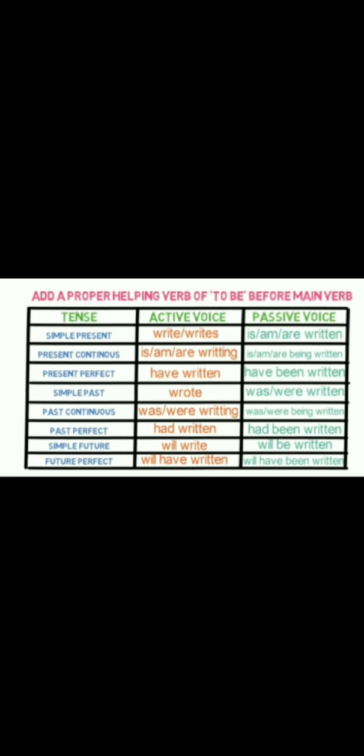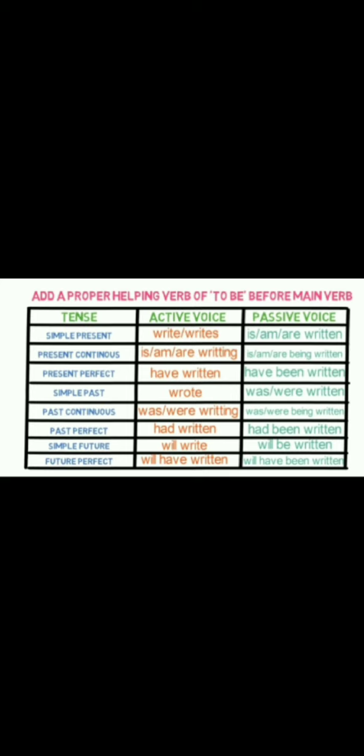Simple past tense, the second form of the verb, wrote, will change into was or were plus the third form of the verb. Past continuous again with the helping verb being plus the third form of the verb. So was or were writing will change to was or were being written. In past perfect, had written will change to had been written.